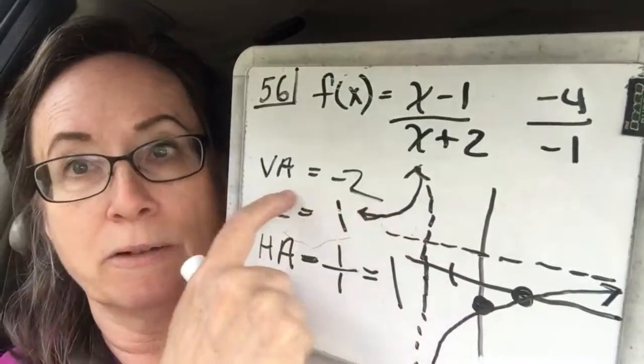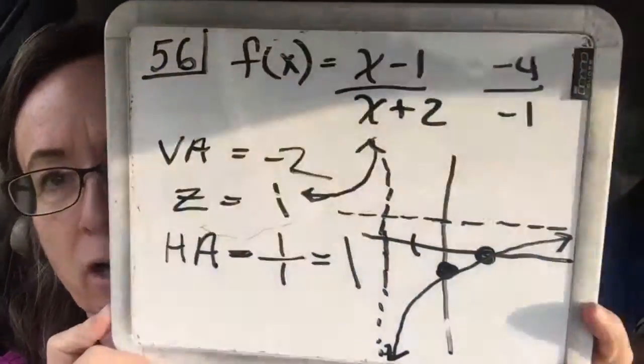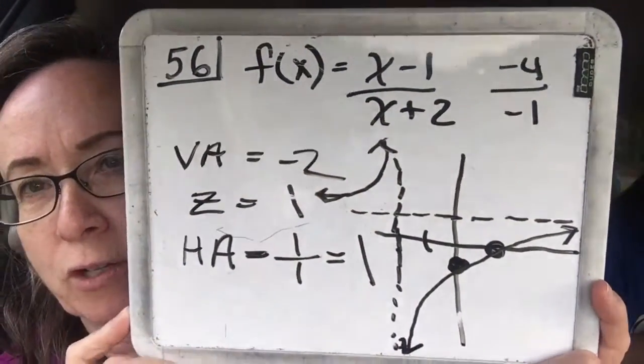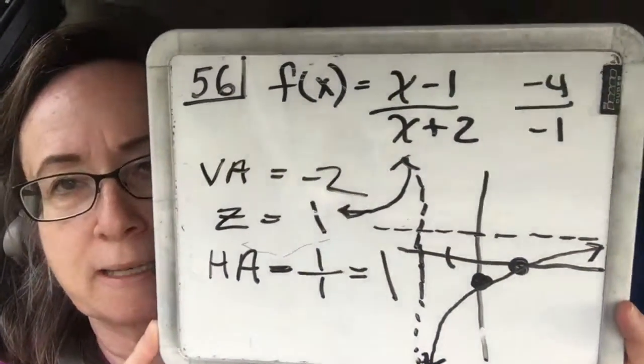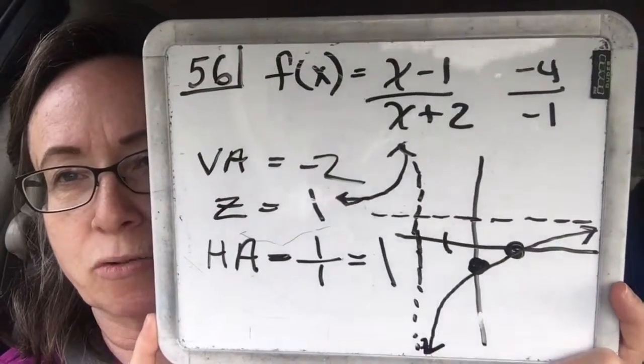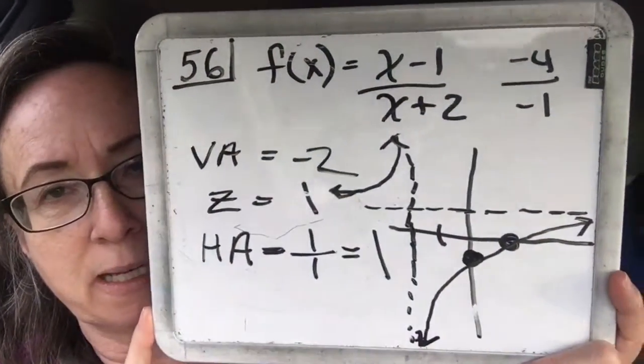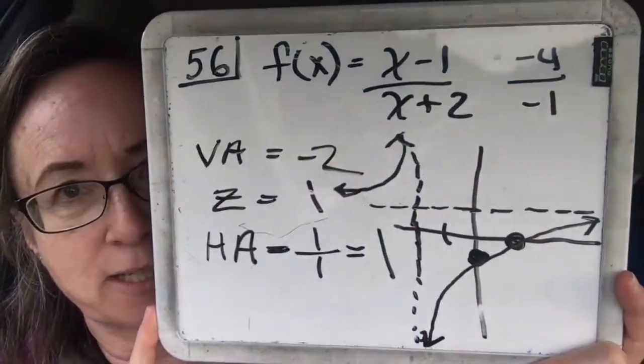And it should never go down below 1 because there are no more zeros over there. Remember, in the big scheme of things, vertical asymptotes are the strongest. Zeros are stronger than horizontal asymptotes though. So this one is finished.